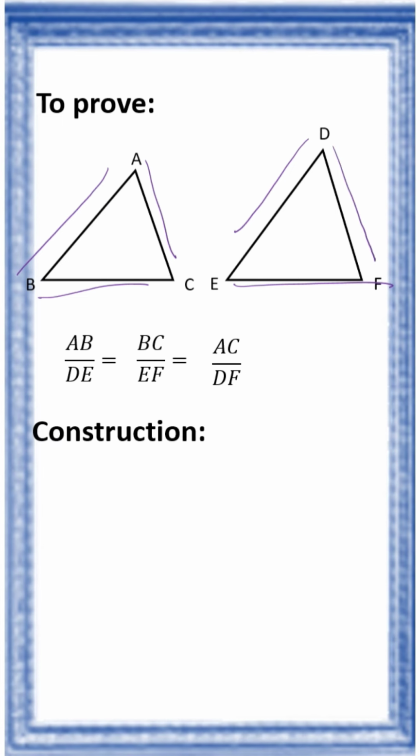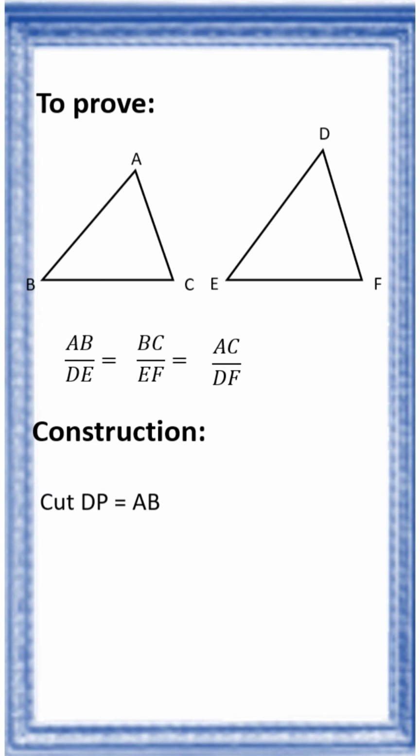Construction is there. For all the three theorems there is the same construction. Now we have to cut DP equal to AB and DQ equal to AC, and join PQ.